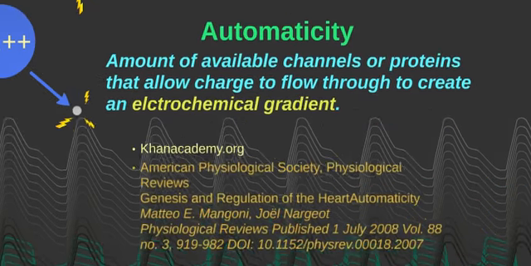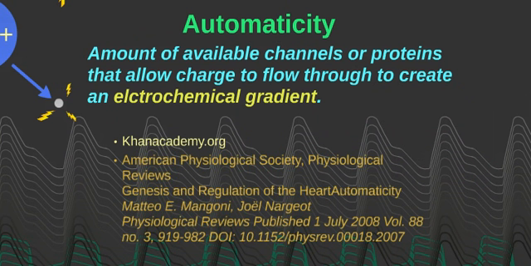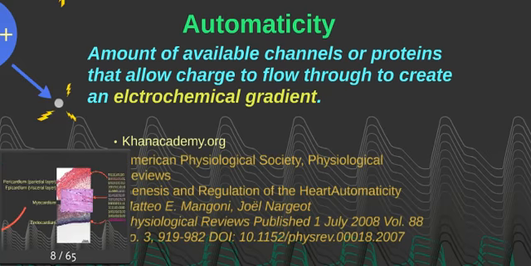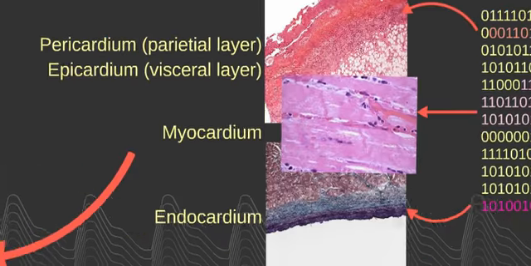And that's what this whole first video is about. So this is the easiest way I can break it down. Automaticity is the amount of available channels or proteins that allow charge to flow through to create an electrochemical gradient. And that difference in potential is what causes hearts to fire. Because we can't really think of these cells as actual neurons.